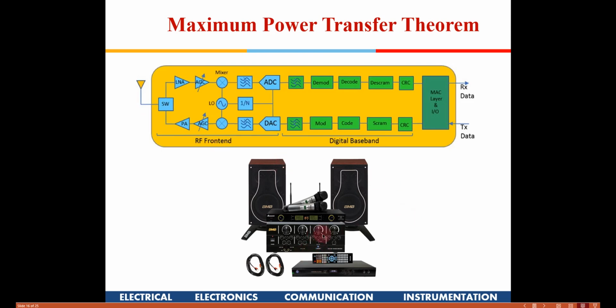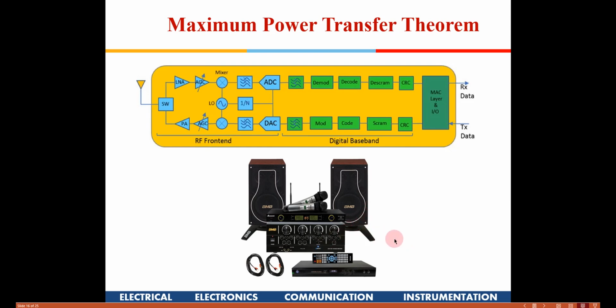Similarly, you could have an amplifier and speakers, and the impedance of the speakers could be anything, right? It could be an 8 ohm speaker, or a 4 ohm speaker, or there could be several speakers connected in parallel. In all those conditions, whatever energy is being generated in the amplifier needs to be matched with the impedance of the speakers for maximum energy to be transferred into the speakers, which will finally emit sound energy.